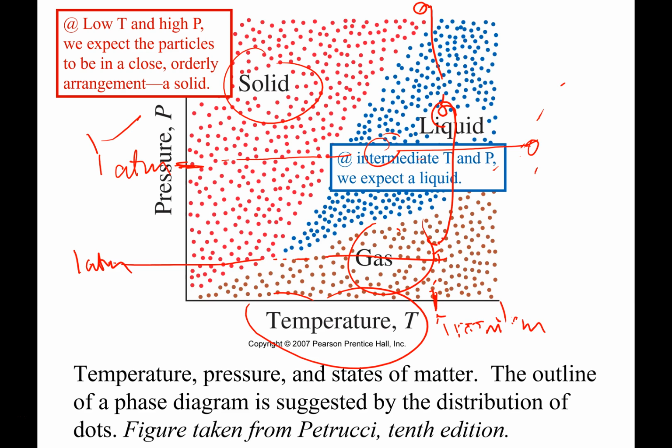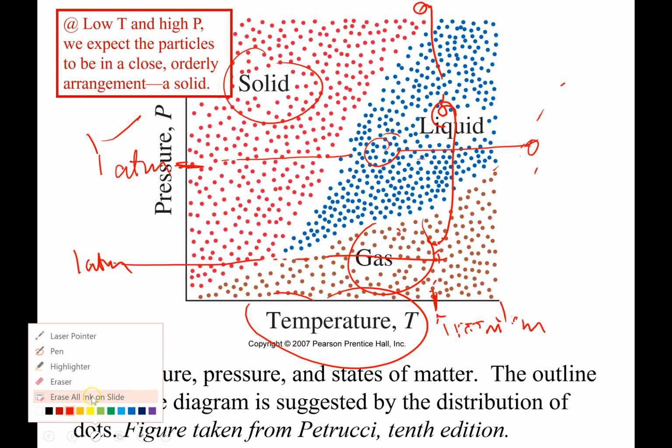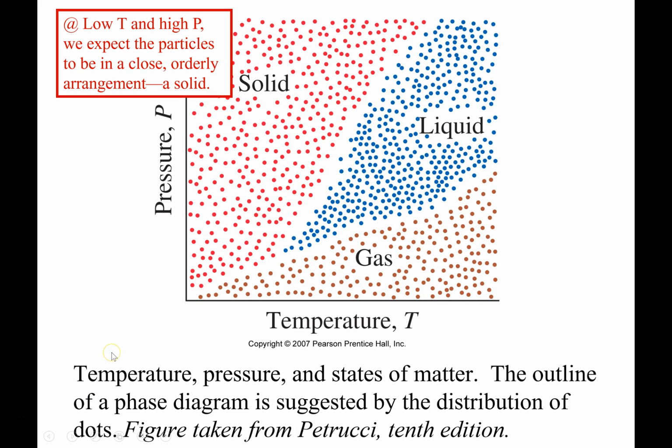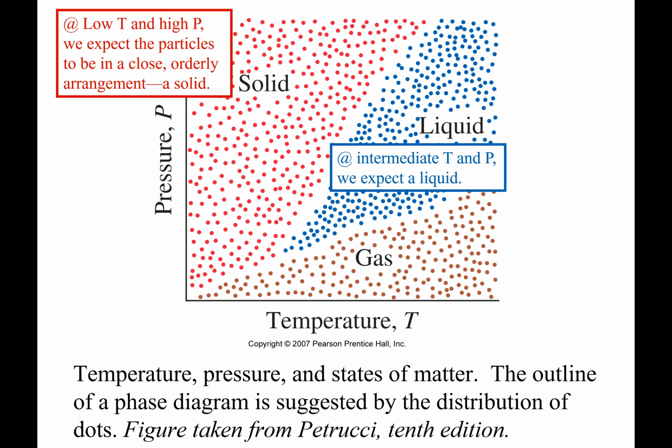And they make sense. For instance, at low temperatures and high pressures, we expect things to be solids. At intermediate temperatures and intermediate pressures, we expect things in general to be liquids.